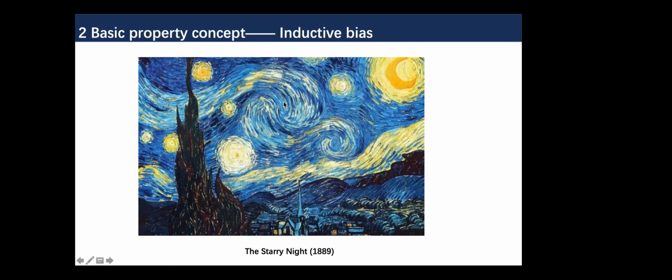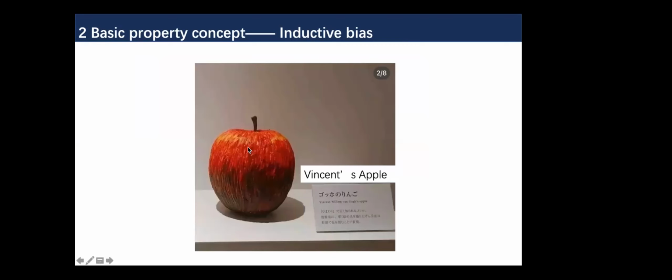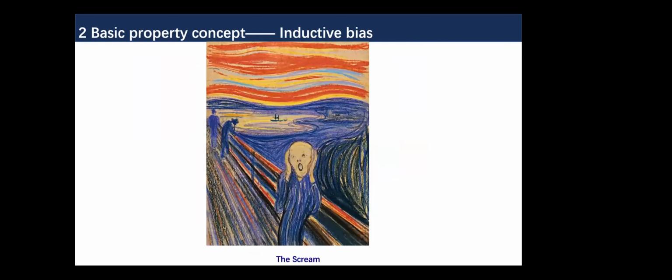You can see he used a lot of color here, and the colors in his painting are bold and exaggerated. Because I don't have a deep understanding of art, I see this kind of picture as full of textures, full of colors, but it's really beautiful, right? If the apple is in Van Gogh's opinion, maybe it looks like this, also with many textures and many colors. Or Munch, I think he is also a really famous painter.